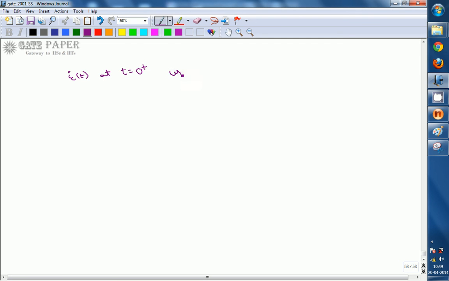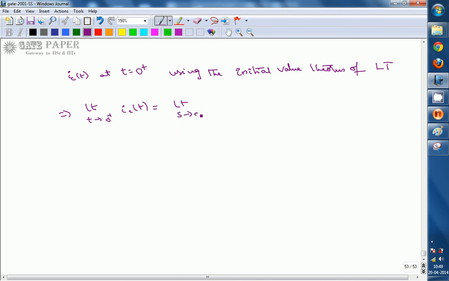So using the initial value theorem of Laplace transforms, we know that limit t tends to 0 plus IC of t is also equals to limit s tends to infinity s into IC of s.